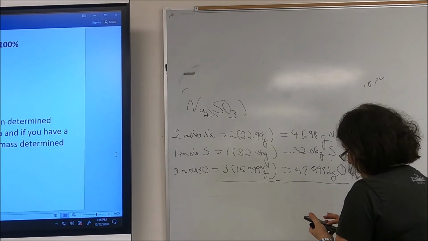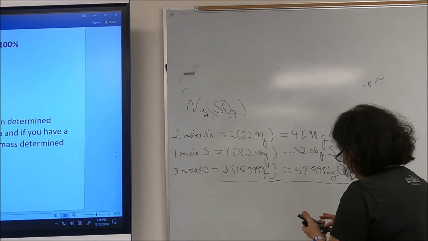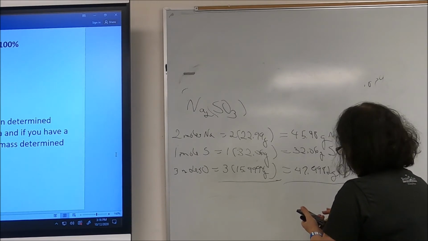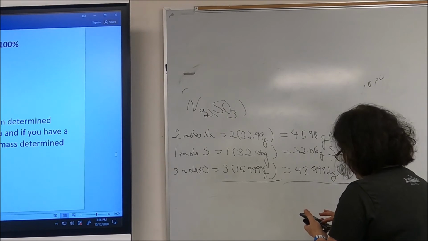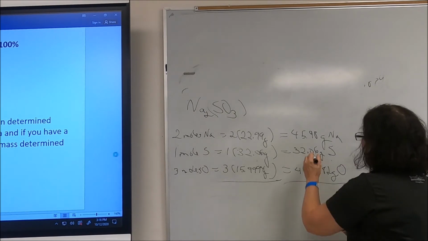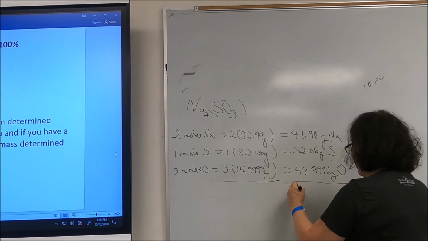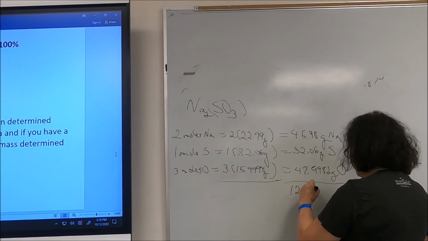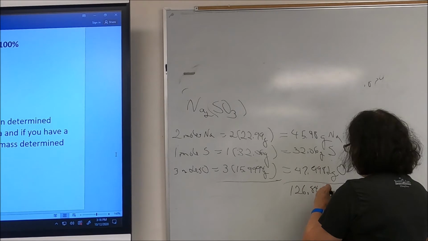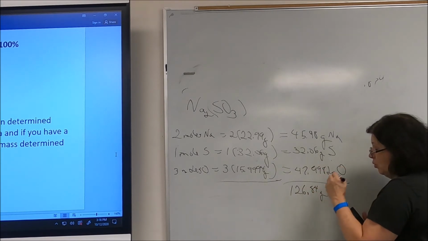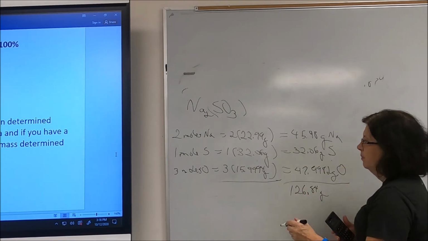So 45.98 plus 32.06 plus 47.9982. Now these two are to 2 places past the decimal, so when I add this up, I get 126.84 grams, because I can only go 2 places past the decimal.